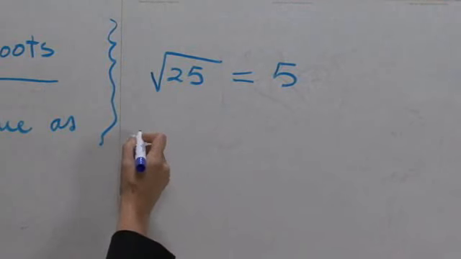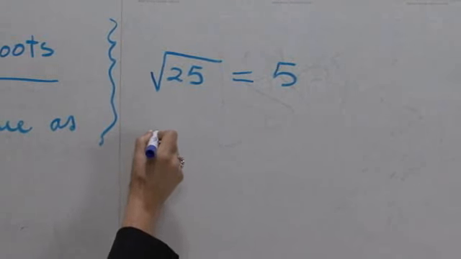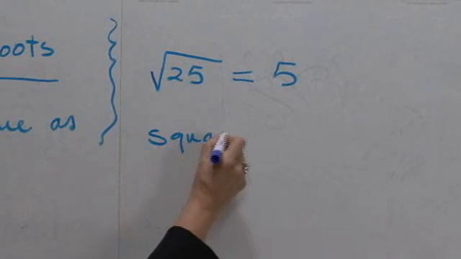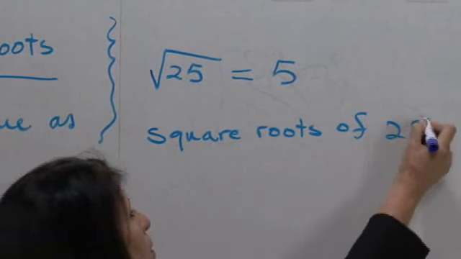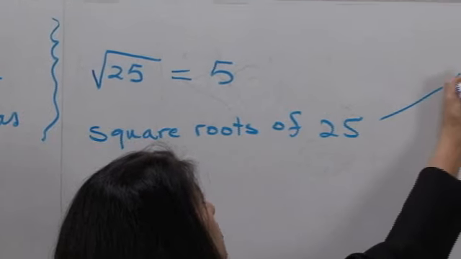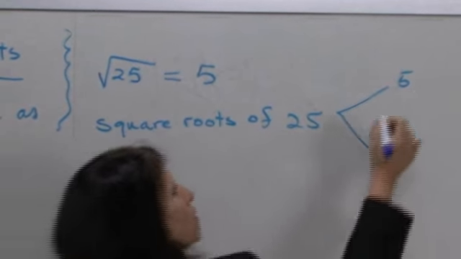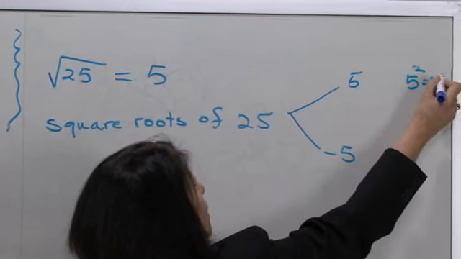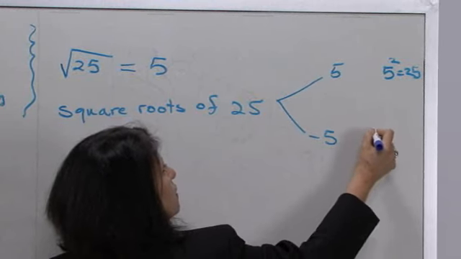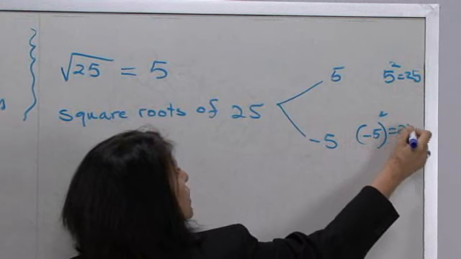But if you're asking about square roots of the number 25 without using this symbol, what are the square roots of 25? You're going to say it could be 5 or it could be negative 5. Why? Because 5 squared equals 25 and negative 5 squared equals 25.